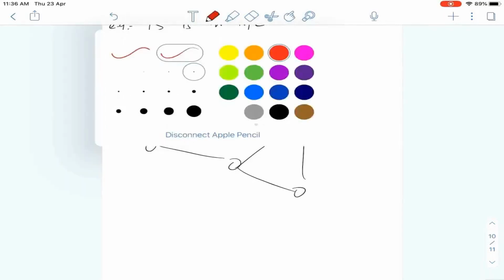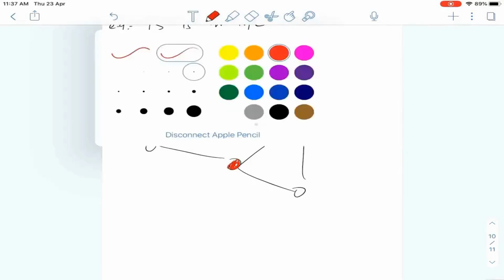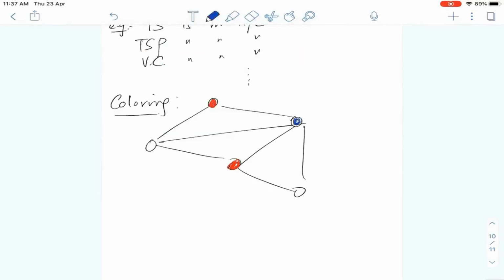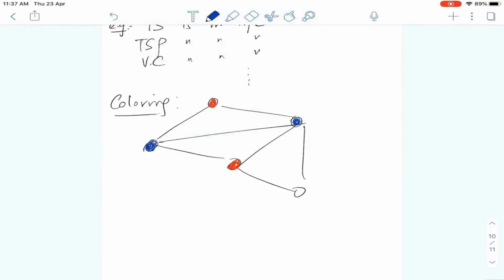That's the coloring problem. So this is a valid coloring, for example.